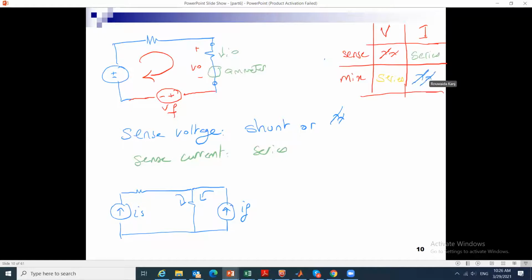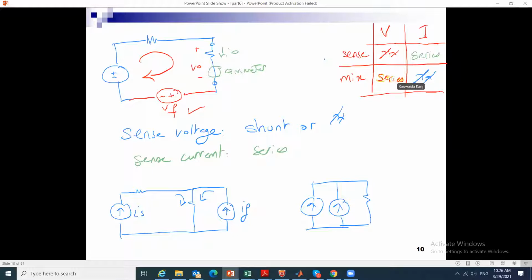For two current sources to add, I have to put them in parallel to feed the resistor, right? So to mix a voltage, I mix it in series.